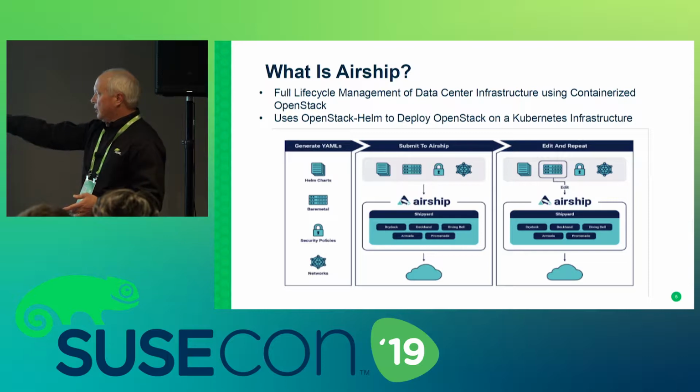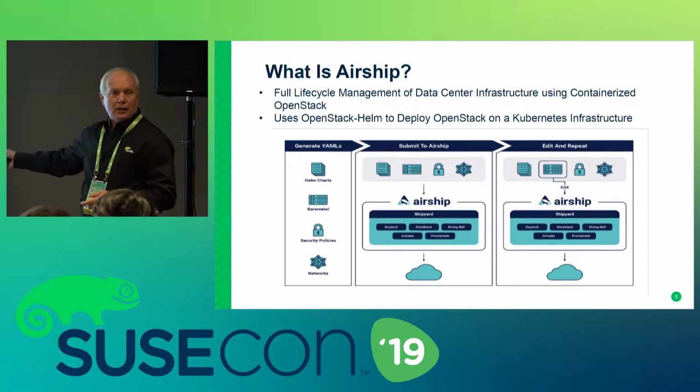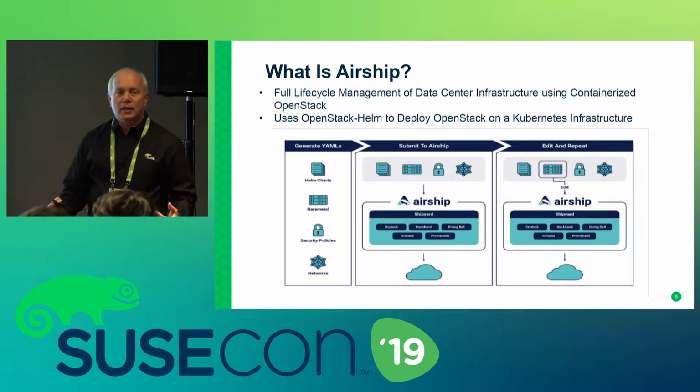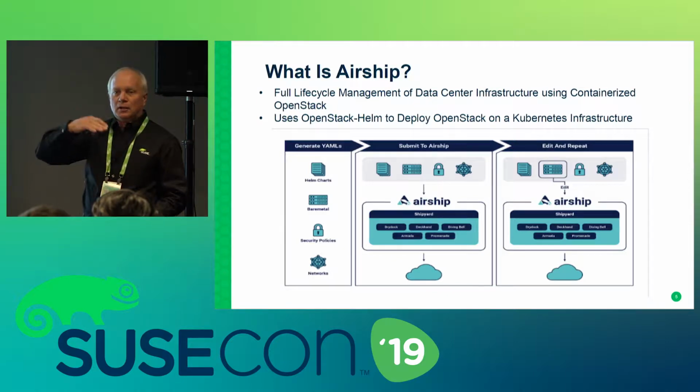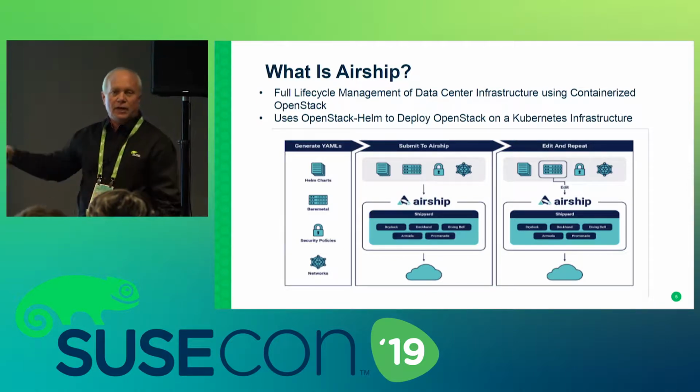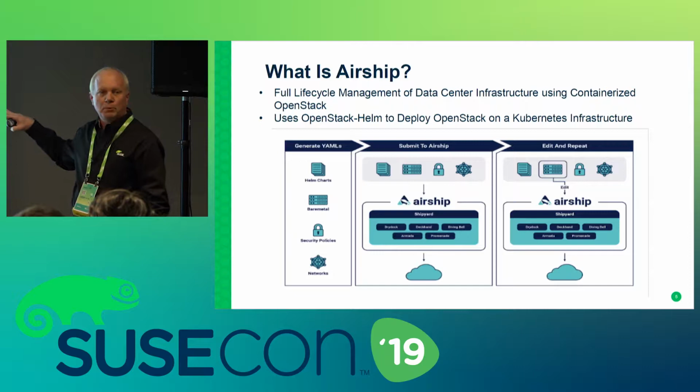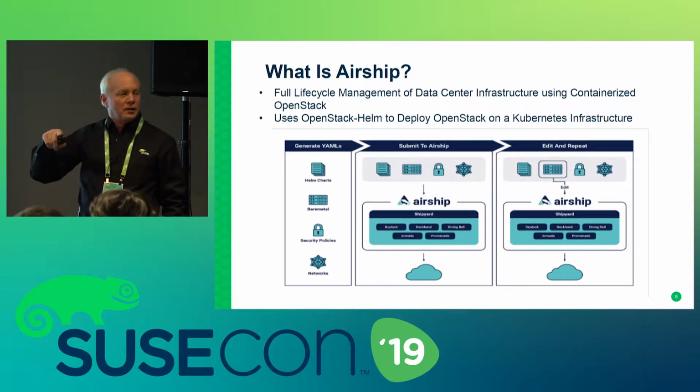There's a whole bunch of sub-projects within Shipyard, and Arun will talk about which ones we're actually using. You submit these parameters to Airship, and then it deploys the cloud, or really any application. It doesn't necessarily have to be a cloud. The way it's built, conceptually, you could define something that you want to deploy on Kubernetes, and you could have Airship deploy anything. Right now it was purpose-built to do OpenStack, but we're looking at it potentially for other SUSE things in the future that may fit into this model.